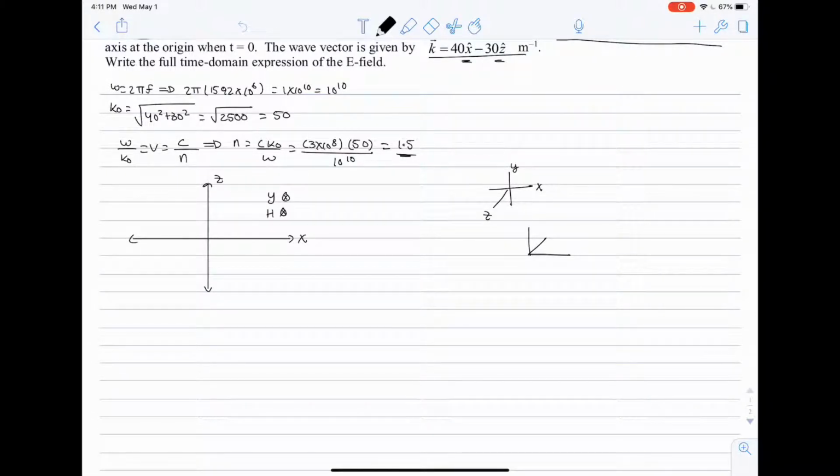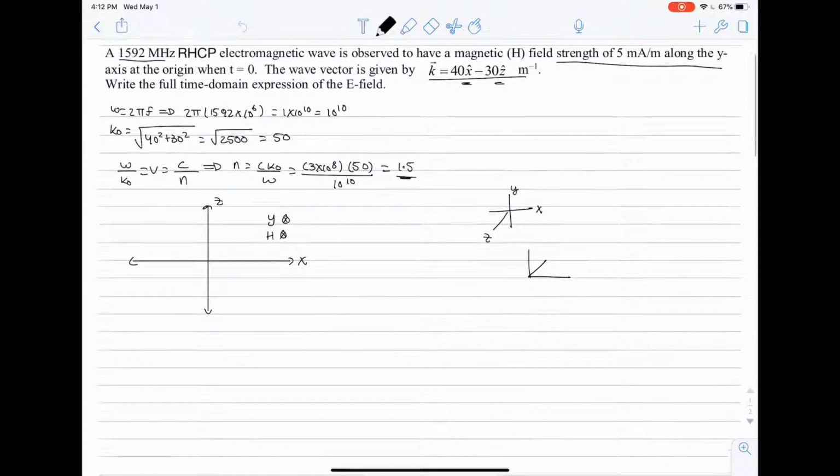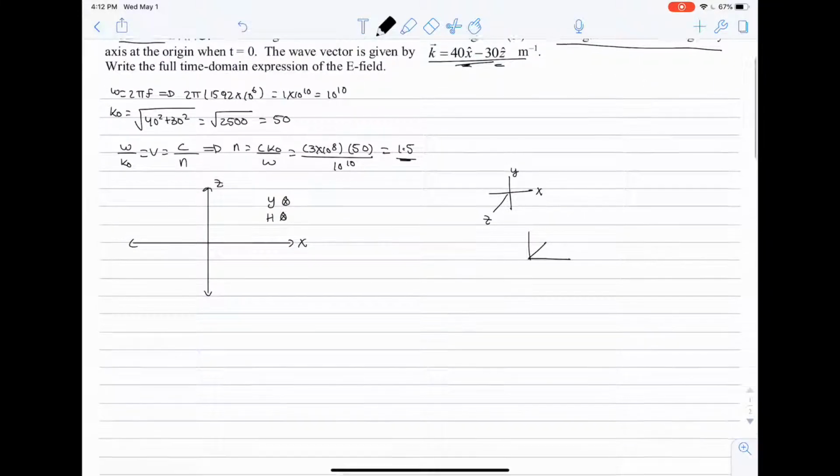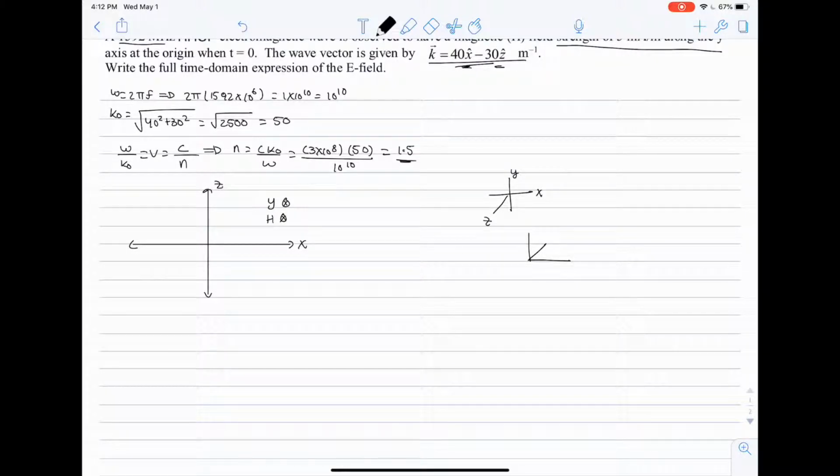And now, to figure out which quadrant our E1 vector is in, we have to first draw our K vector, which is given by this equation right here: 40x and negative 30z. So positive x is going to be over here, and negative z is going to be this way.